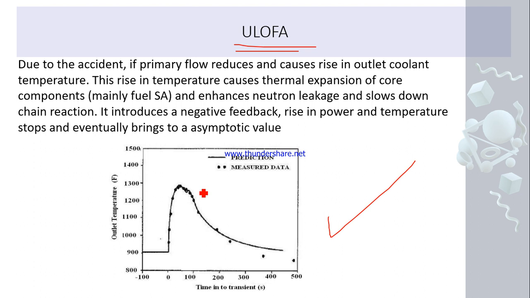There will be a sudden shooting up of the temperature, but due to the inherent feature of the neutron transportation and its flux distribution, this will come to an asymptotic value. So this is called ULOFA.